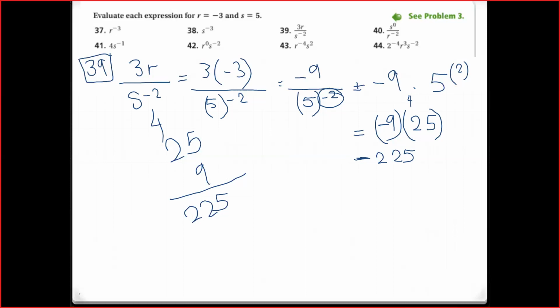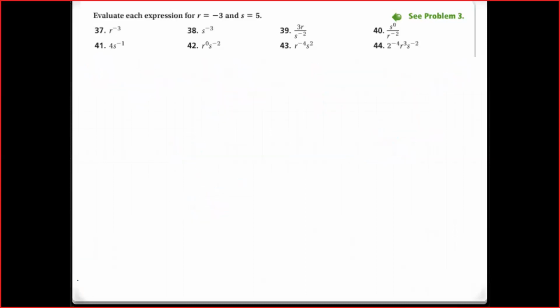Let's do now number 44. Look here. We have 2 to the power -4 multiplied by r cubed multiplied by s to the power -2.